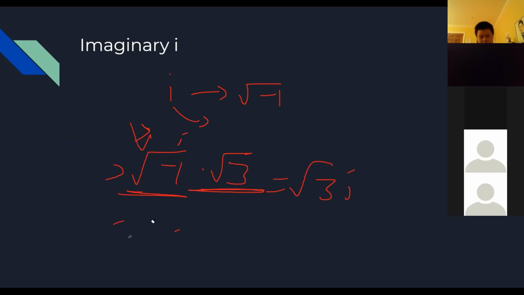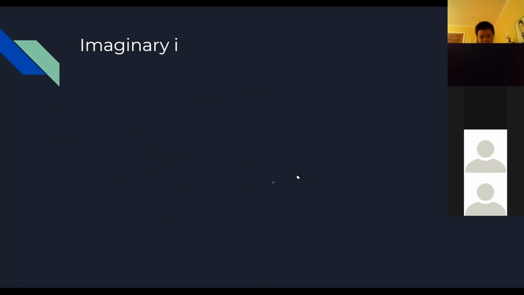So what happens when you multiply i? So what is i times i, or i squared? So since the basis of i is square root -1, then i squared must be -1.